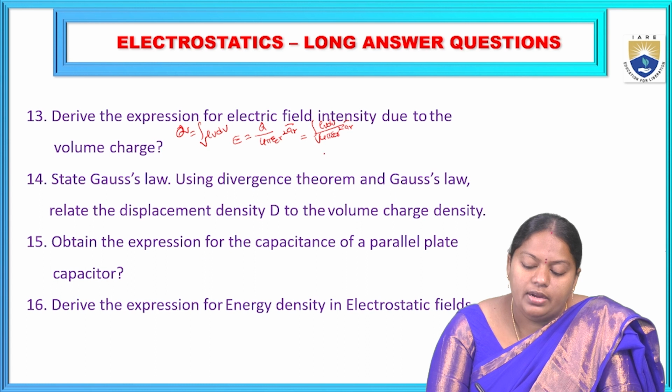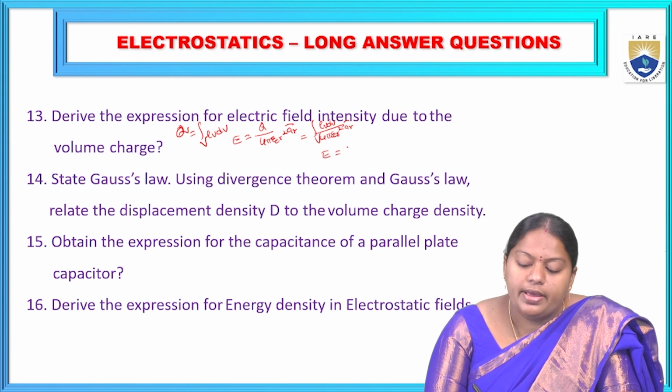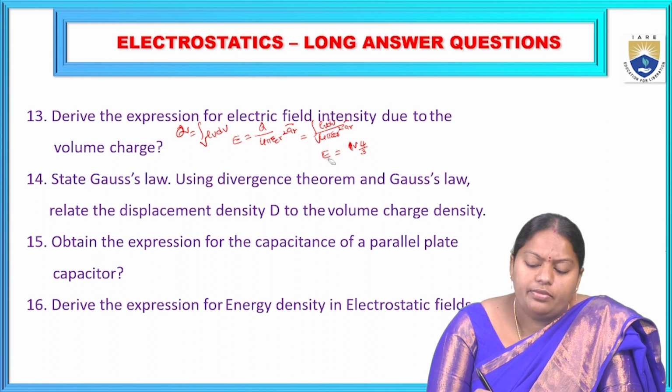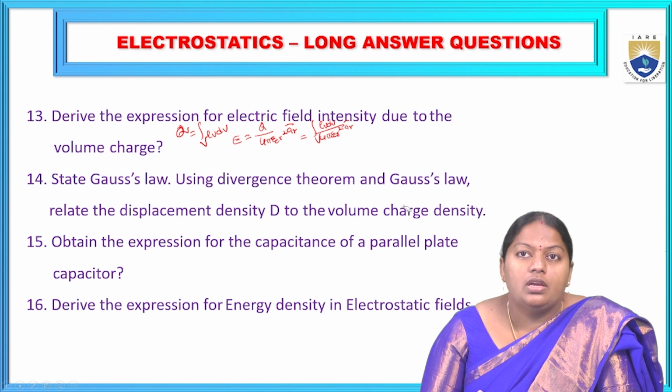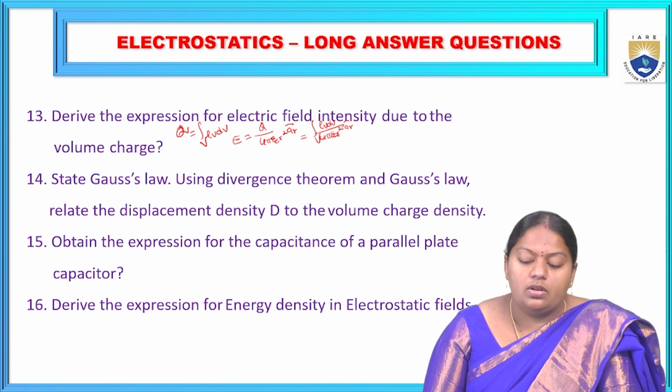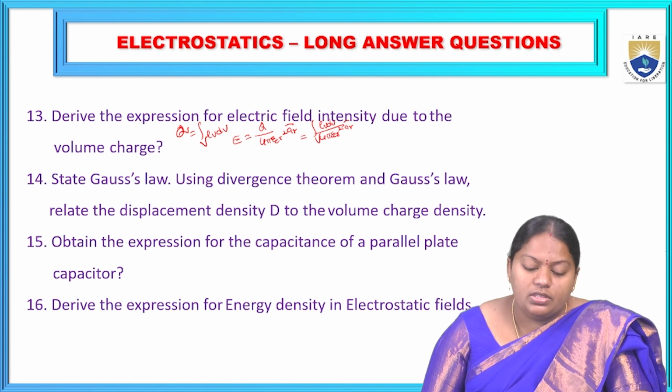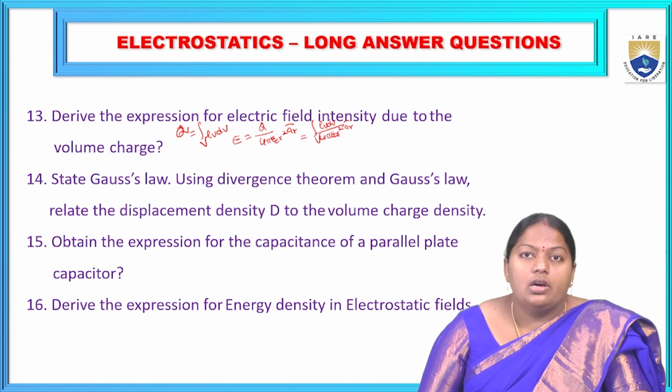If we evaluate this, the equation is obtained as E equals rho V into 4/3 pi a cubed, and so on. This is the way the equation for electric field intensity due to volume charge is obtained.